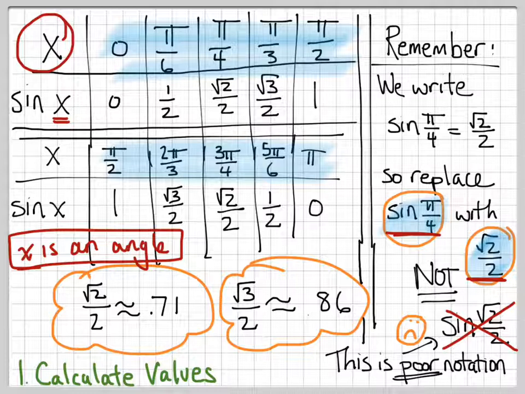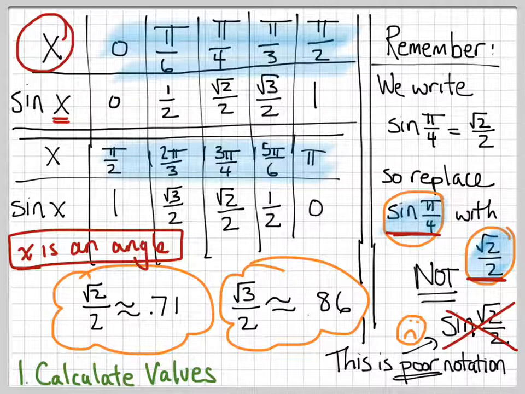So over on the left, I've calculated rad 2 over 2 and rad 3 over 2 to 2 significant digits, so these will help us graph it. But these are basically the values, and you can see that as we go from 0 to pi, sine creeps up to 1, and then creeps back down to 0.